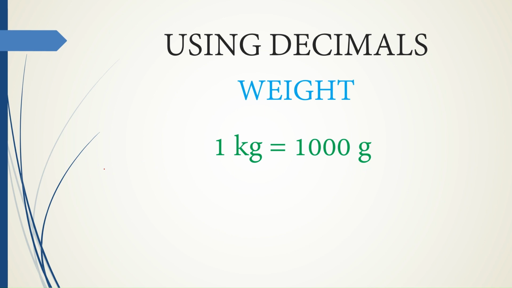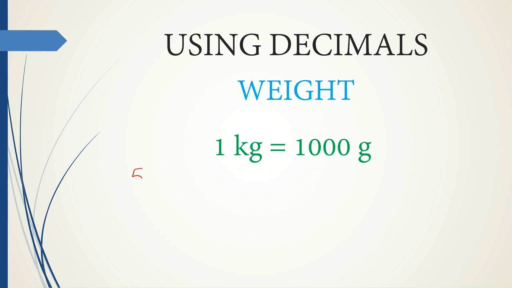Consider another value, 225 grams. This is nothing but 225 out of 1000 parts of a kilogram. So we have three zeros here and three digits in the numerator, which means 0.225 kg.